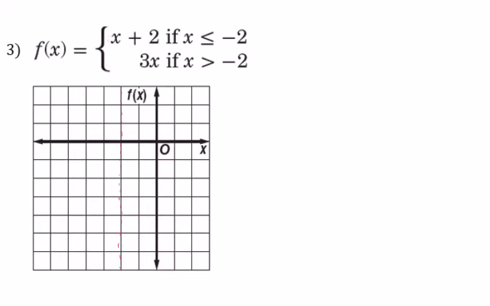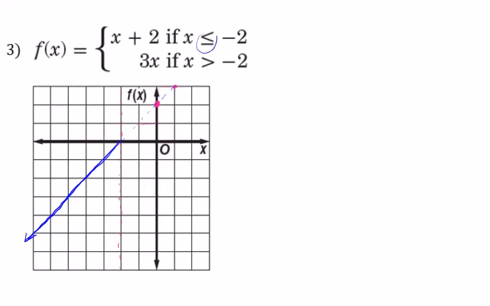So I'm going to start at 2 on the y-axis, okay, and then the slope is 1, so I can either go up 1 over 1, or I can go down 1 left 1, either way. And either way we're going to get this line that goes like this, and then I'm going to start drawing it from here because this is where it really is going to come into play, when x is less than or equal to -2.